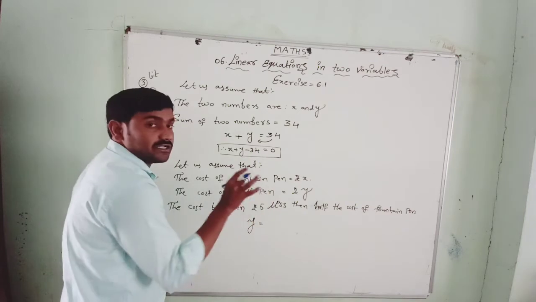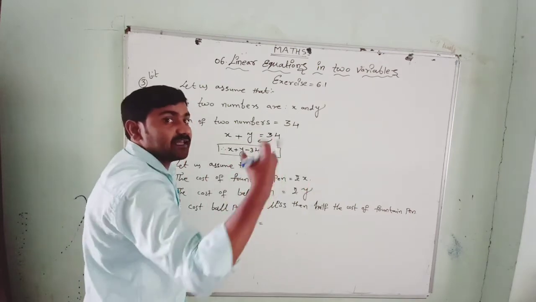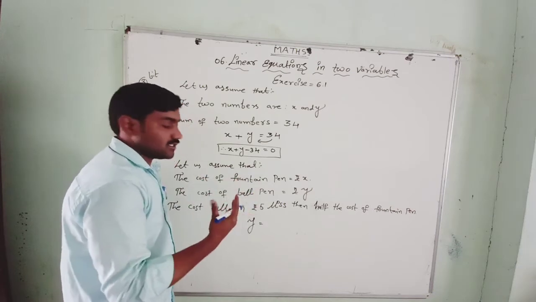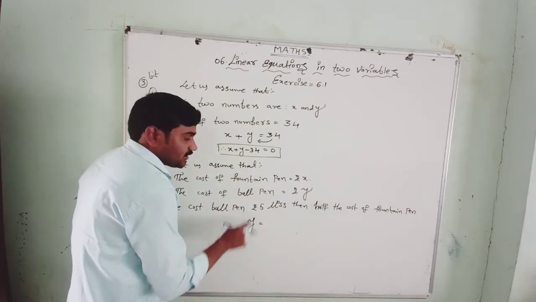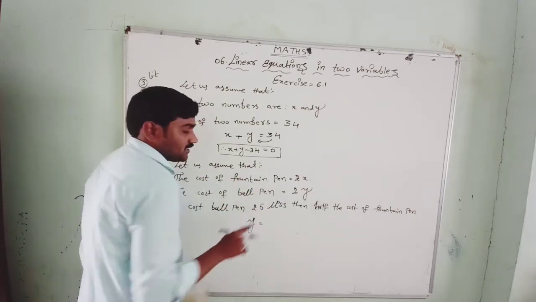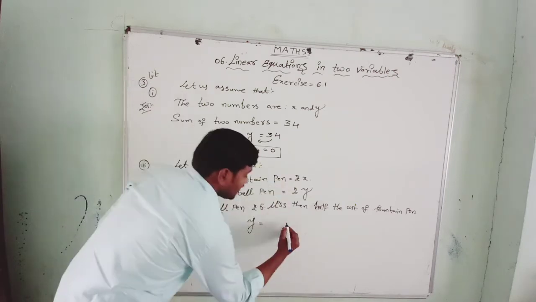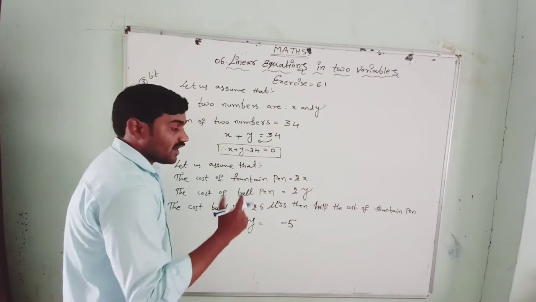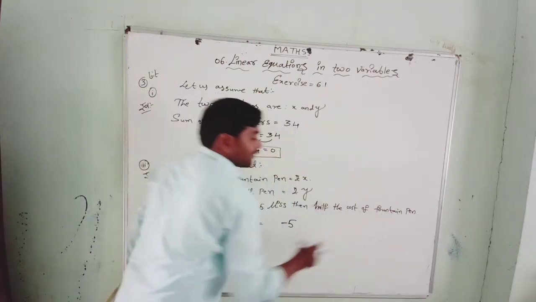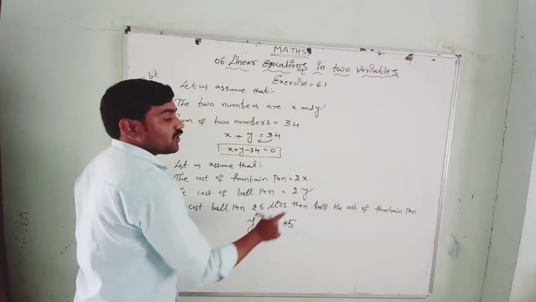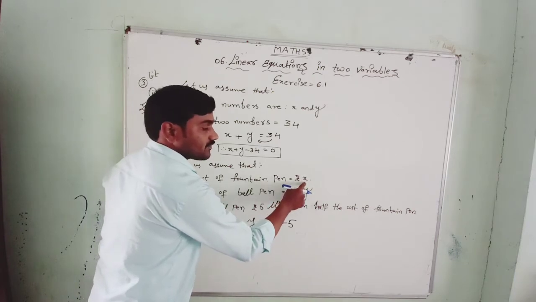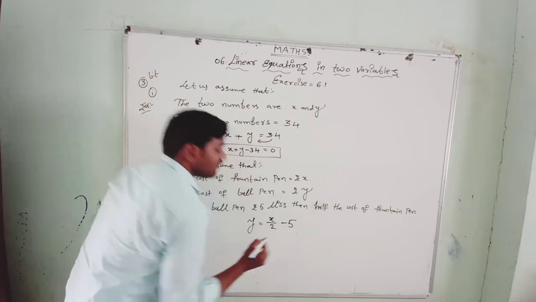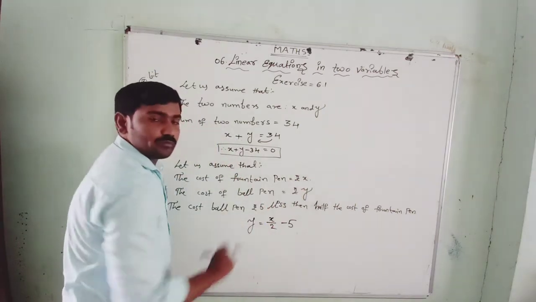The question is focusing on the ball pen and telling its rate. The cost of the ball pen is 5 rupees less, so less is minus 5 rupees. Then, half of the cost of the fountain pen. What is the cost of the fountain pen? x. Half of the cost of the fountain pen is x by 2.